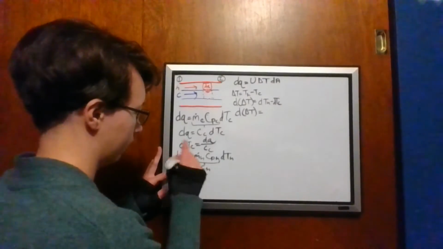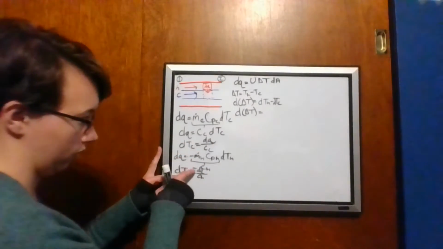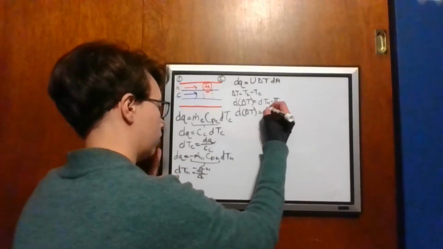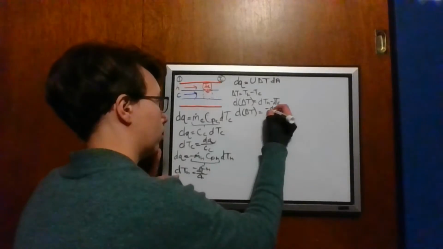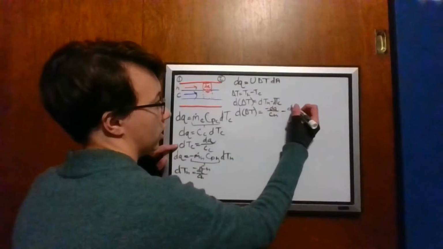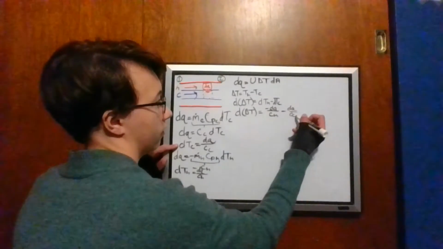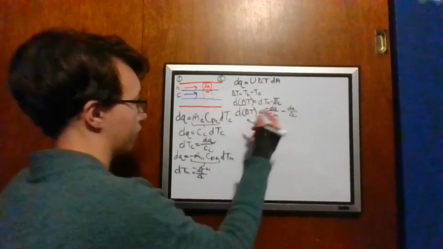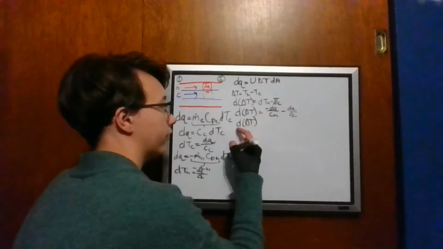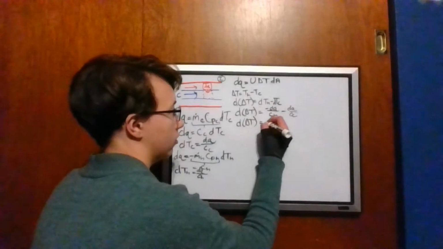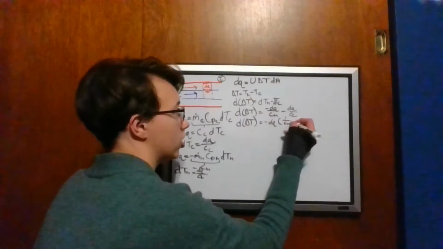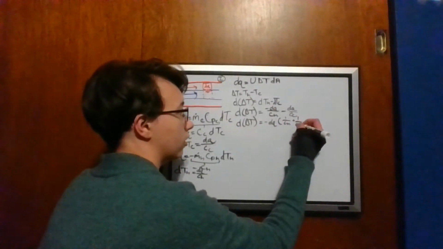I missed this negative sign when I was solving this, so our negative is now there. So it's going to be equal to negative dQ over CH minus dQ over CC. We can factor out a dQ, so we've got the differential of delta T is equal to negative dQ times 1 over CH plus 1 over CC.